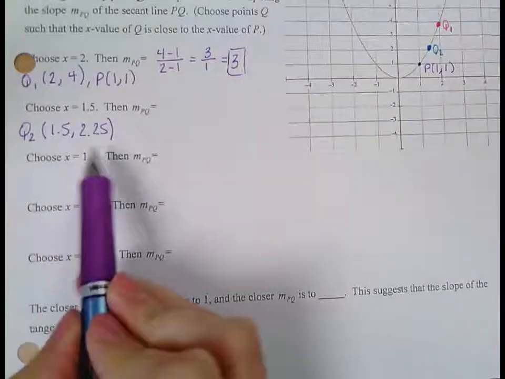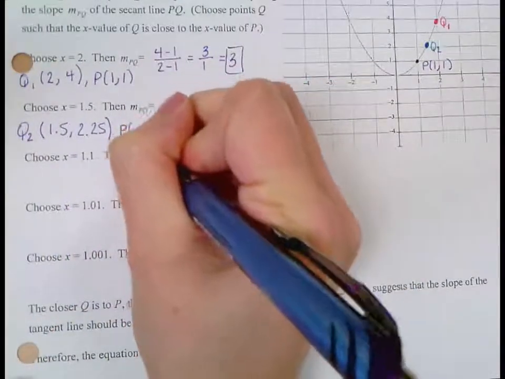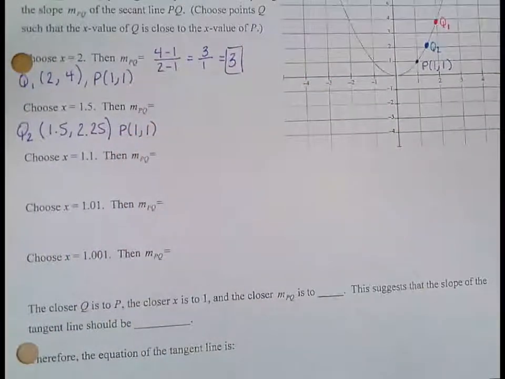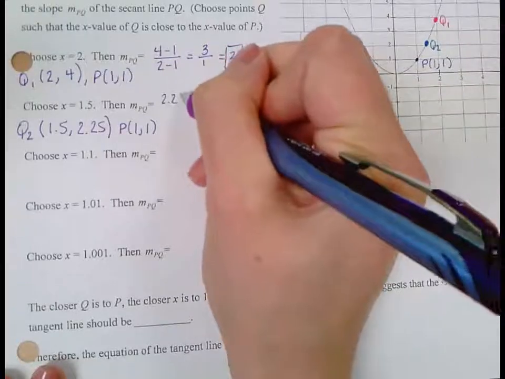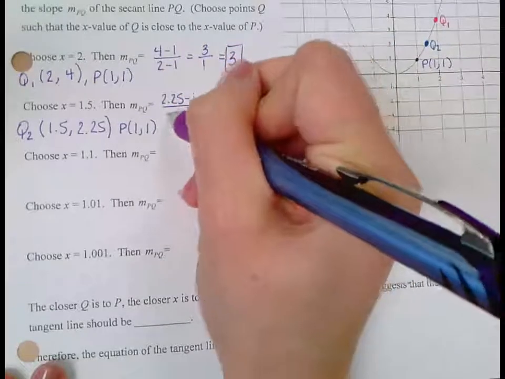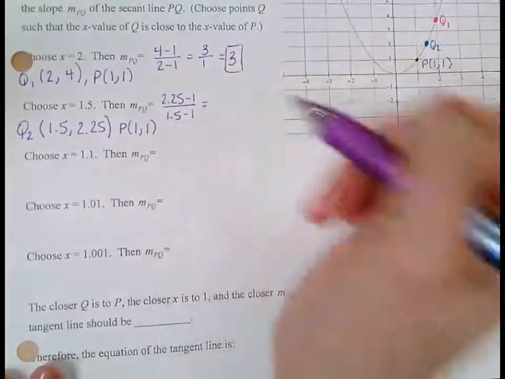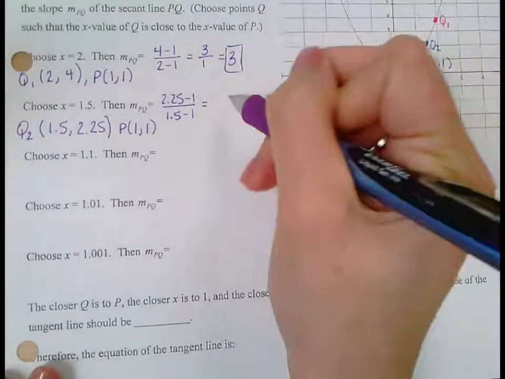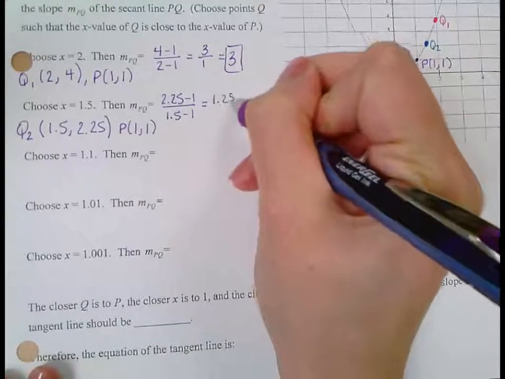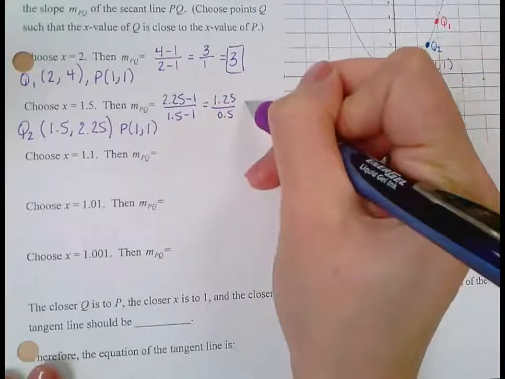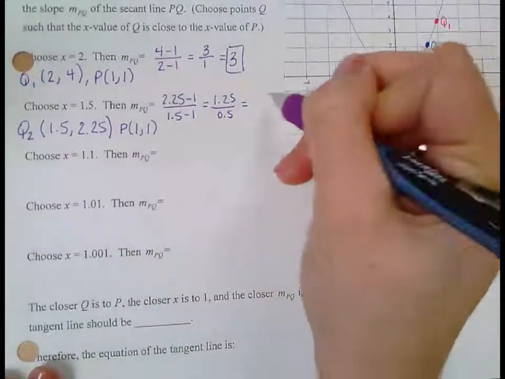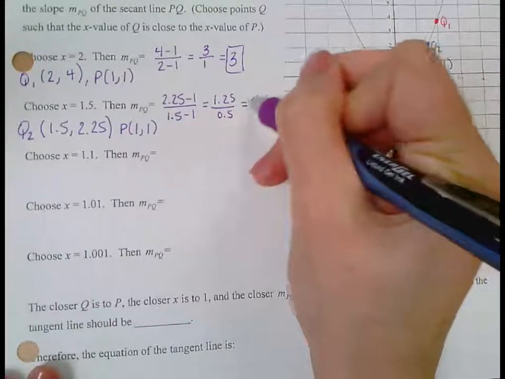And then between that point and, again, our point P, which is 1, 1, I can calculate that slope. So again, another change in y over change in x. So I would have 2.25 minus 1 over 1.5 minus 1. So 1.25 over 0.5. And this slope ends up being 2.5.